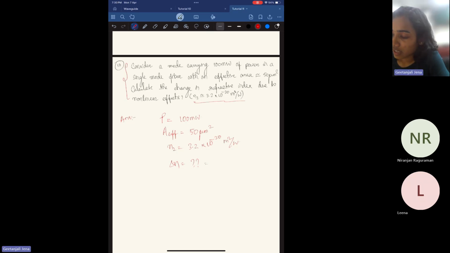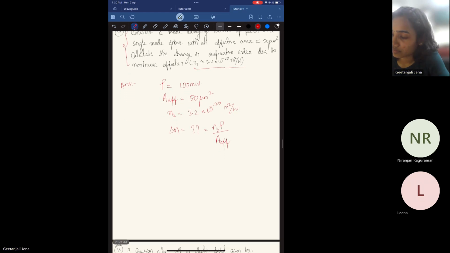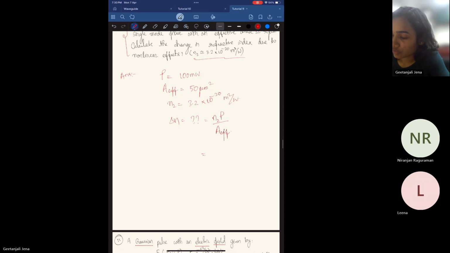Yes, it is n2 P by A effective, which is easy to calculate. It is 3.2 into 10 to the minus 20, this is 0.1, and A effective is 50. So this will give 6.4 into 10 to the minus 11.